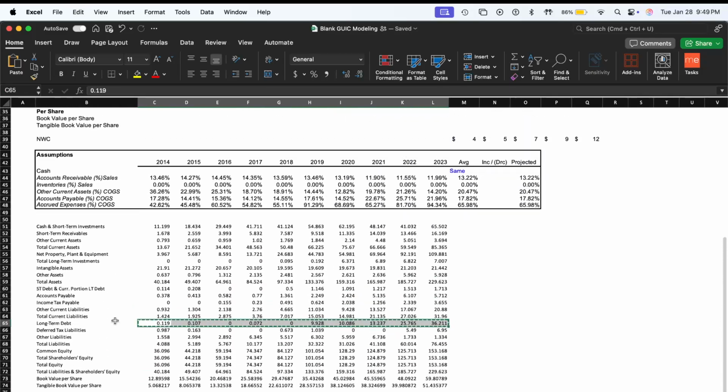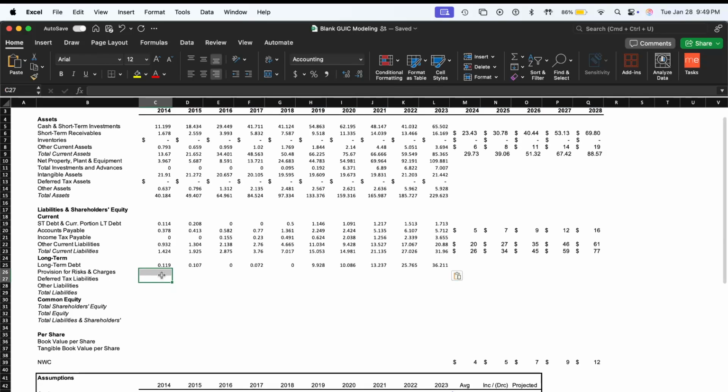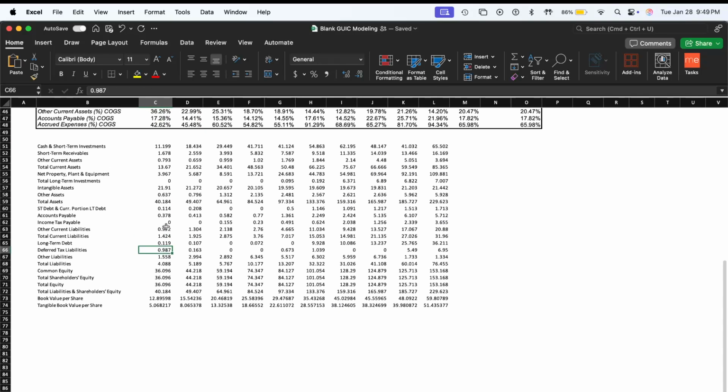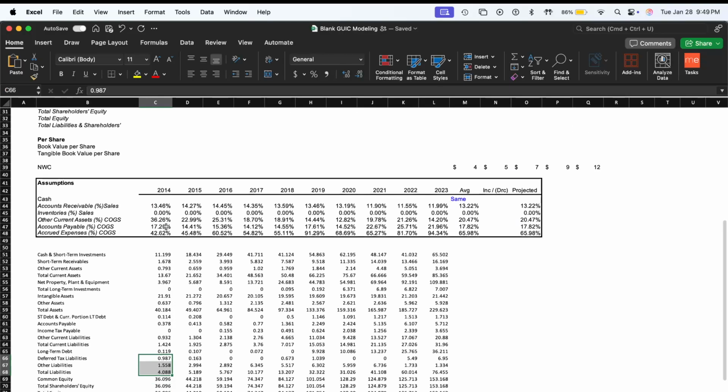So we're just gonna copy this one line item, then put again zeros in here. Now we're on to deferred tax liabilities, then other liabilities and total liabilities.